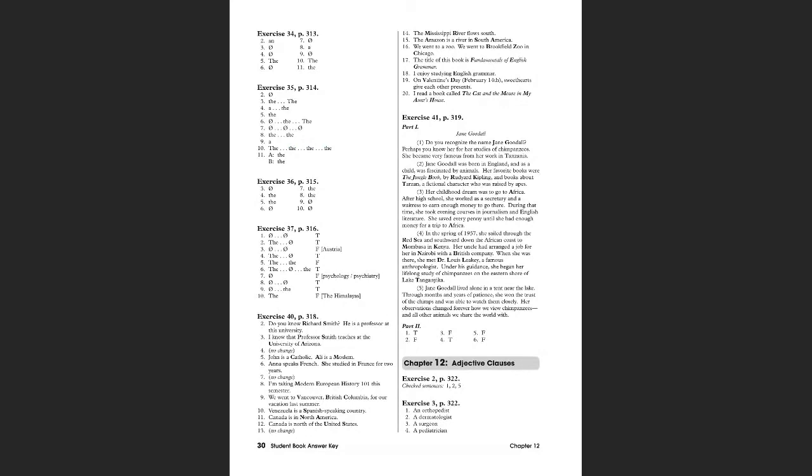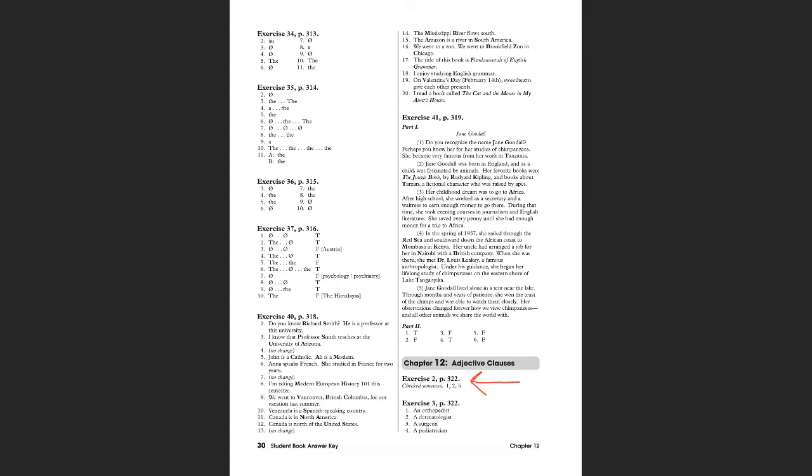Okay, let's look at our homework, guys. You guys did exercise 2, so let's start with that one. It's at the very bottom right side of your screen here. Exercise 2, page 322. Yes, correct.